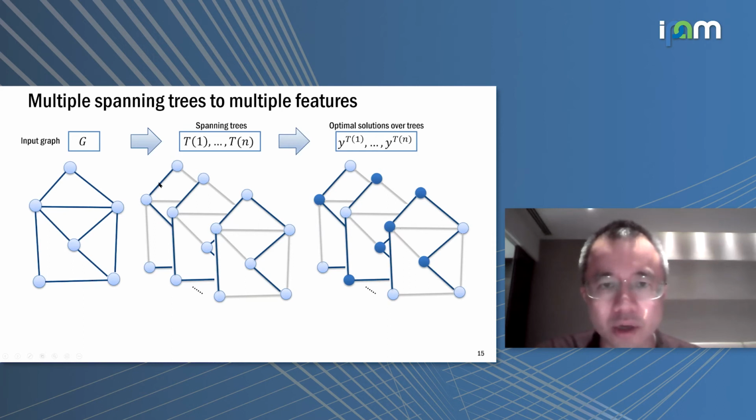You can run multiple spanning tree algorithms on the same graph and produce solutions on these different trees. Then you can augment each node in the original graph with a binary vector indicating whether the particular node is included in the solution of the corresponding spanning tree or not. Similarly, for the edges, you can also add a binary feature vector.